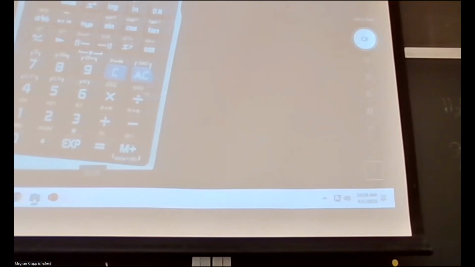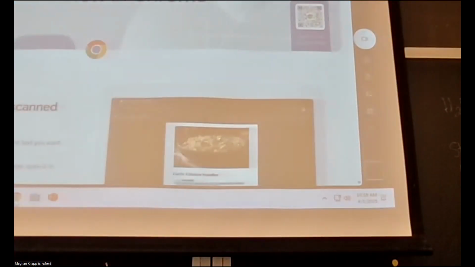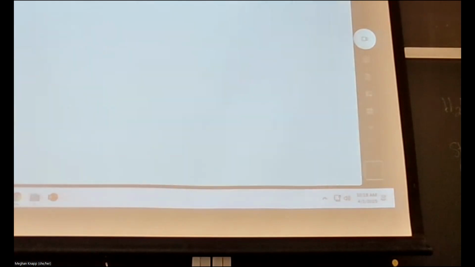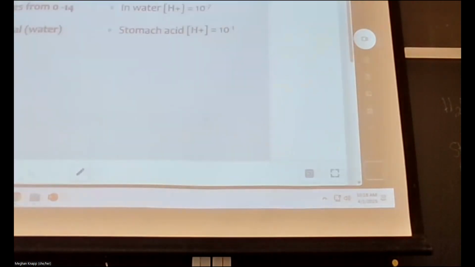So what pattern do you notice happening as we do that? Yeah, the exponent there tends to be the pH.